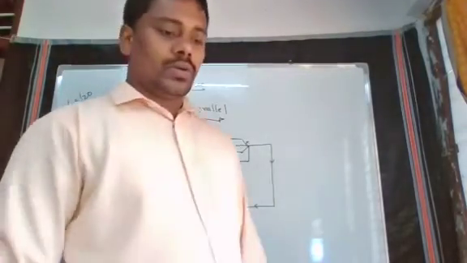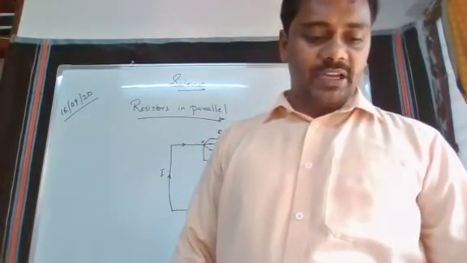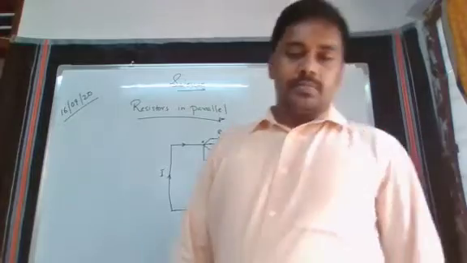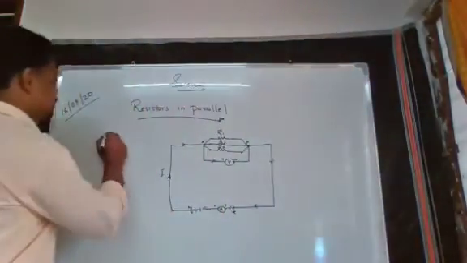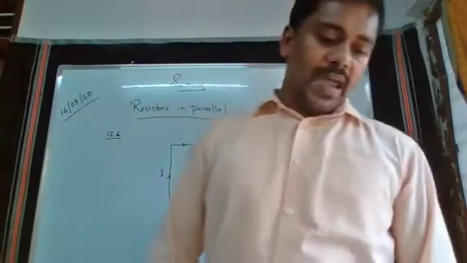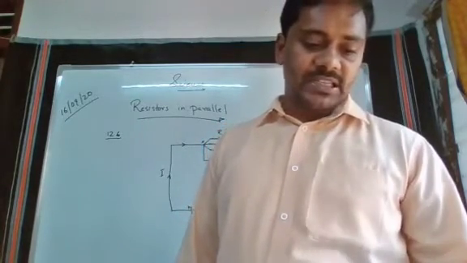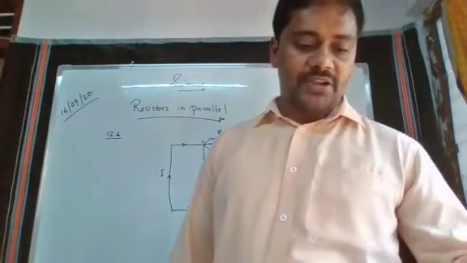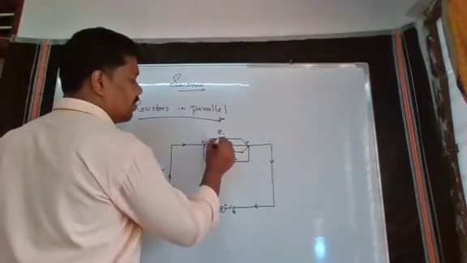So for understanding more, let us go through the activity, that is 12.6. Okay, what we have to do? Make a parallel combination XY of three resistors having resistance R1, R2 and R3. Here see, we have already done that.